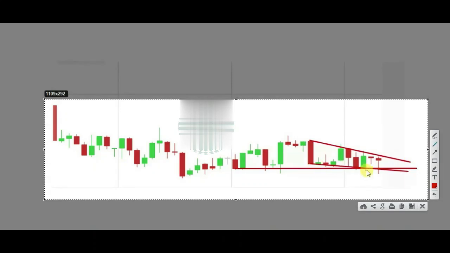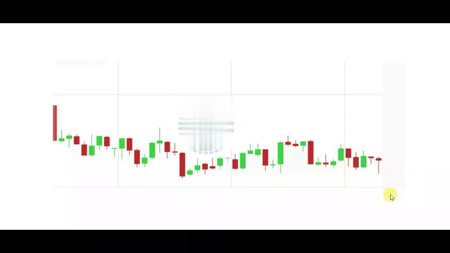As this candle closes in the middle of this area, I think I have no trade here, because this candle closes in the middle of this area.